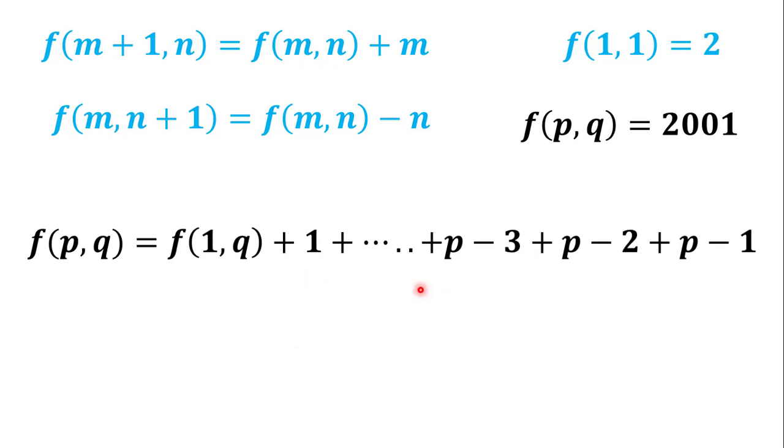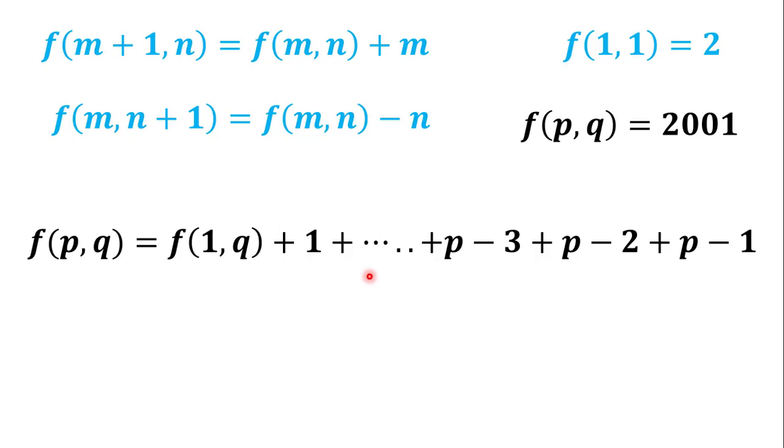The sum of natural numbers is equal to the number of terms times the number of terms plus 1, over 2. For example, if we have 1 plus 2 plus 3 plus 4, the sum of these four numbers is going to be 4 times 5 over 2.